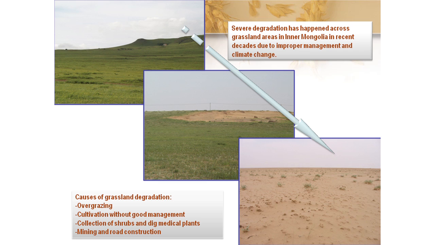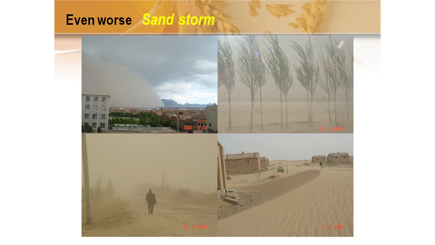In the middle of this picture, you can see sandy patches showing up in the grassland, and finally they will keep expanding and eventually turn into sandy area. That's even worse. Sandstorms are very common and very famous in the western part of China.